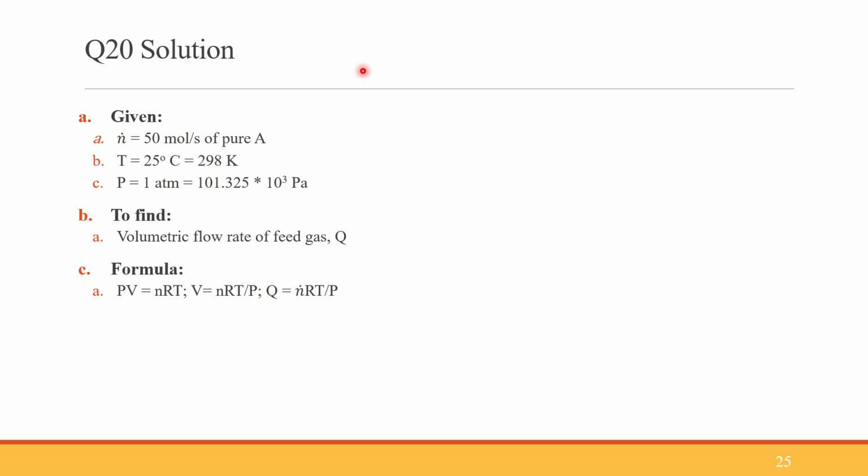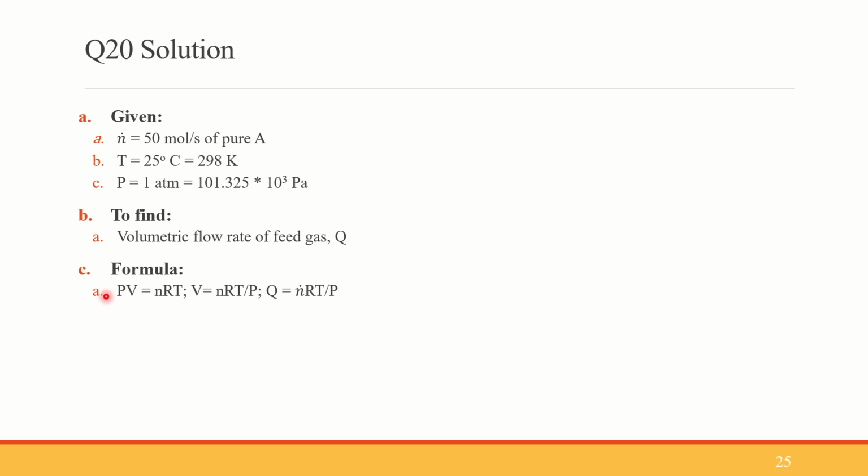Ideal gas equation is PV equals nRT. In this equation, n is number of moles, R is gas constant, T is temperature, P is pressure, and V is volume. Now here instead of volume and moles, we are using the volumetric flow rate and the molar flow rate. So PQ is equal to N dot RT, or in other words, Q is equal to N dot RT by P.